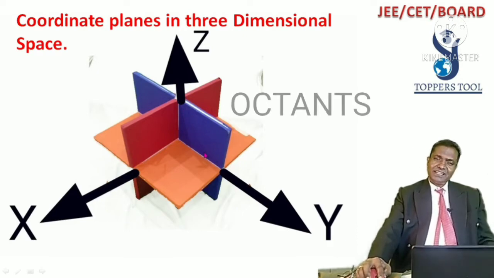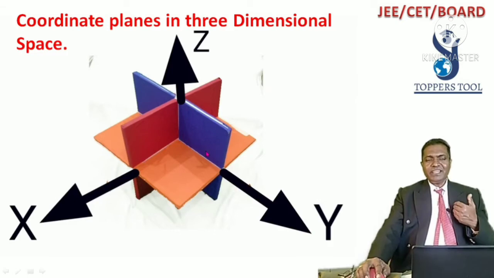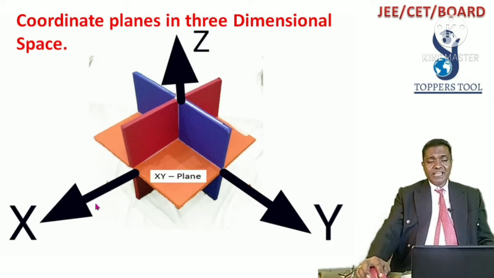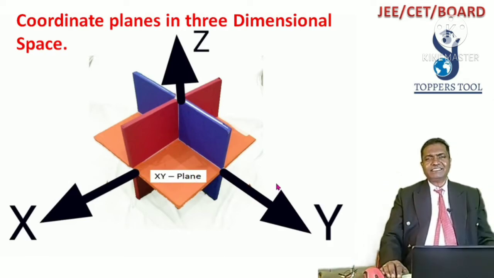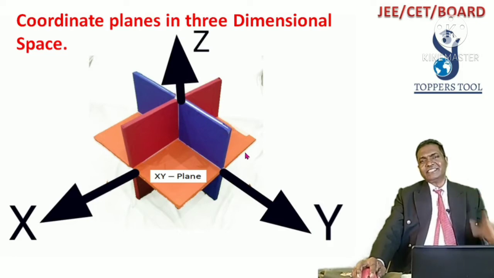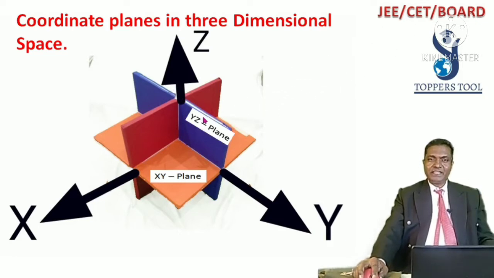So let's understand what we mean by coordinate planes. Here the plane for which the x-axis and y-axis are the adjacent axes is called the xy plane. Look at this blue plane, for which the z-axis and y-axis are the adjacent axes, and this plane is called the yz plane.